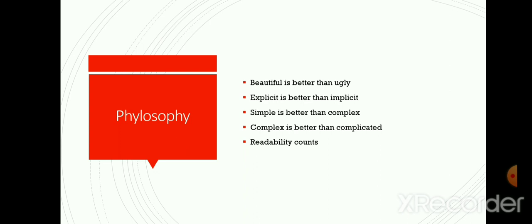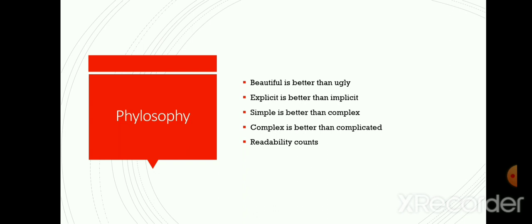The second principle is explicit is better than implicit. When you are writing a script, it is better to write it in an explicit way. So add comments, add notes that explicitly explain what you are doing with this script.